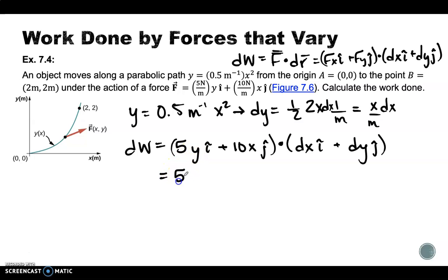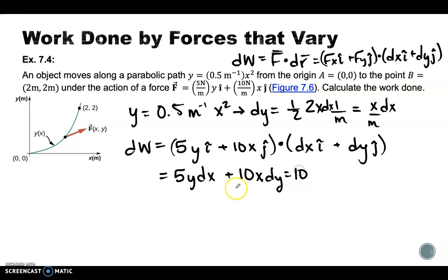So we'll have 5y dx plus 10x dy. Now what we'll do is, using these two equations here, we'll plug in our y value and our dy value, to make it all in terms of x. Okay, so let's take that.